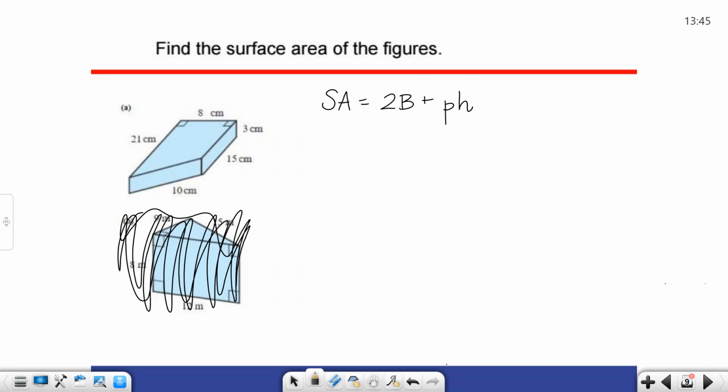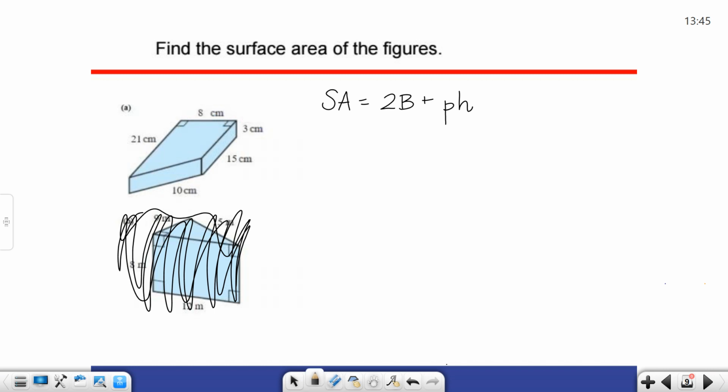Okay, so there is my formula. All right, so let's talk about this. Remember that the top and the bottom are the same. So the first thing I have to find is the area of this particular region right here. Let's just say it's the top, which is also the base, of course. So we're going to find the area of this region here.